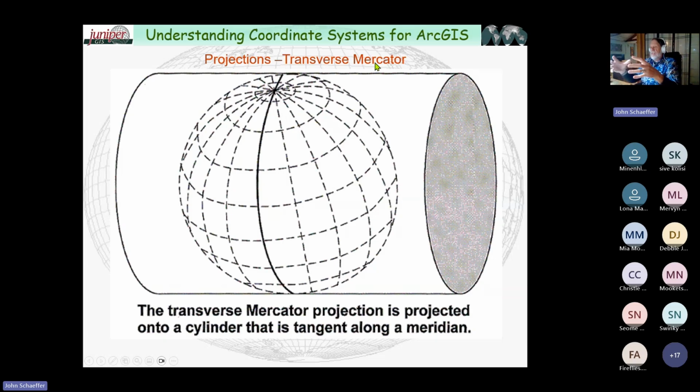We just take that cylinder, turn it sideways, and then the standard line is running north-south. And I don't see this, but I imagine there's no reason you couldn't tilt it a little bit one way or the other if you really wanted to. But generally, it's going to have a central meridian running north-south. So this is going to be our standard line in this case. Okay.